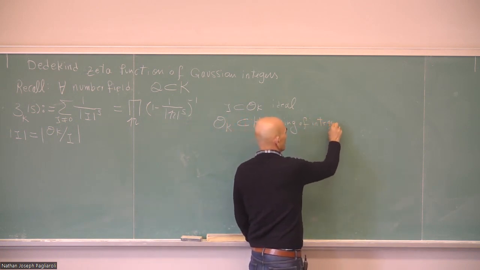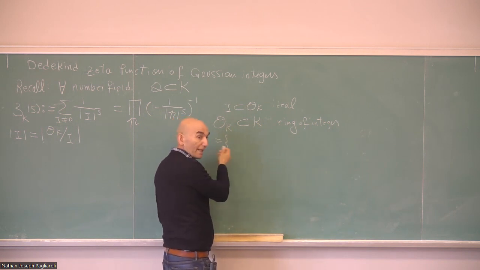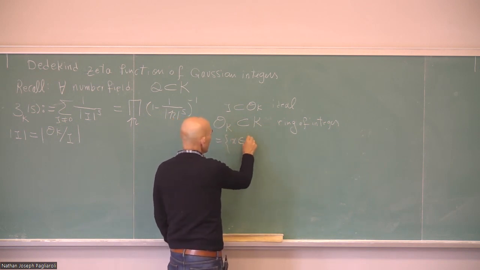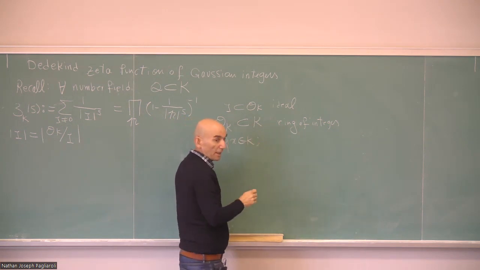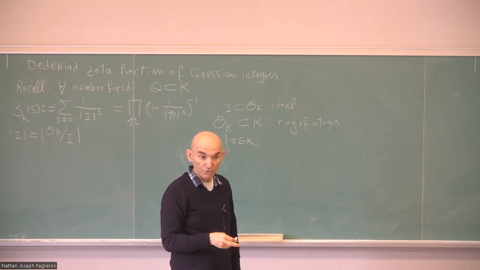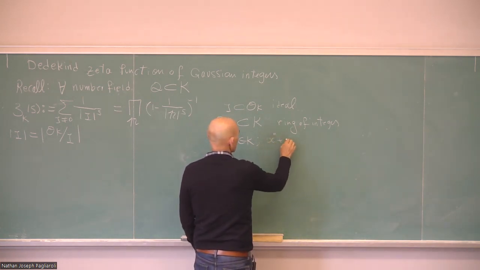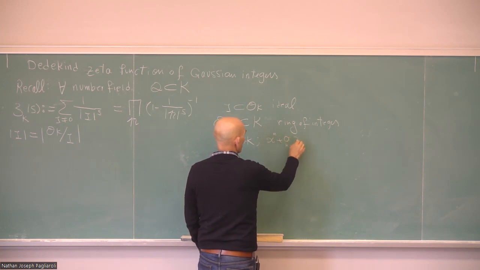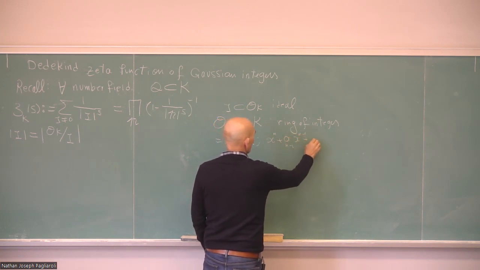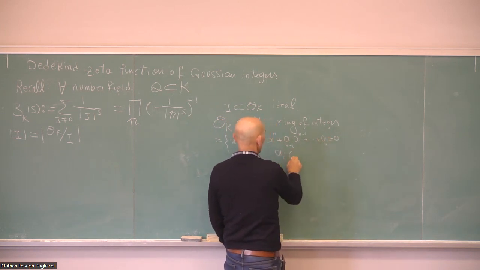Yeah, so this is equal to the set of all x in K such that x satisfies a monic polynomial with integer coefficients, x^n plus a_(n-1) x^(n-1) plus ... plus a_0 equal to 0, with a_i belonging to the integers.